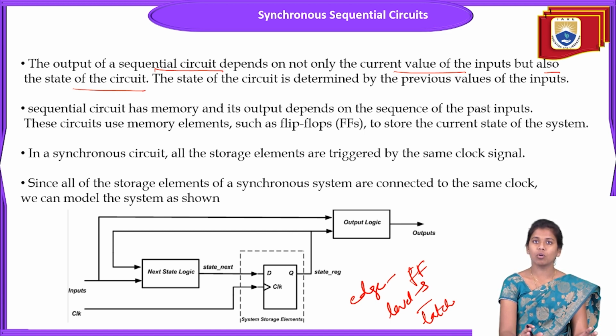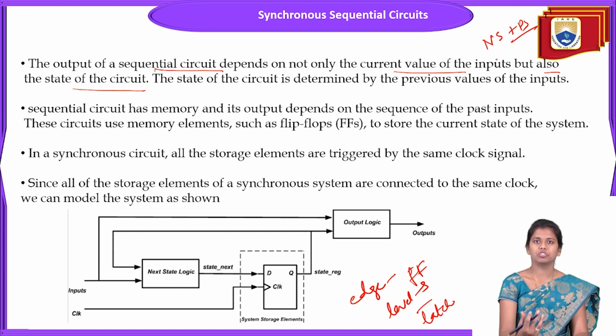There are also many constraints with respect to the state register we discussed yesterday. The state register is the register which holds the data of the next state as well as the present state.